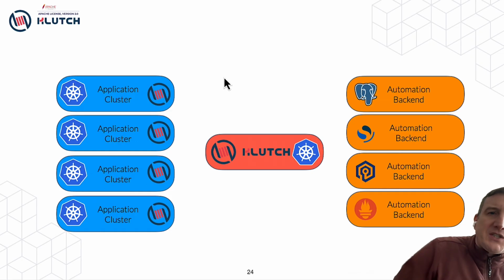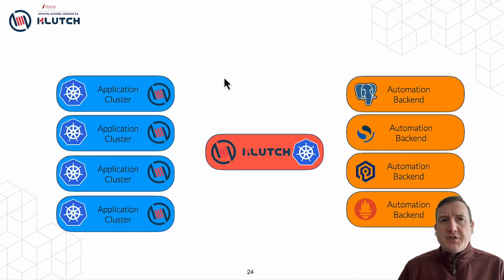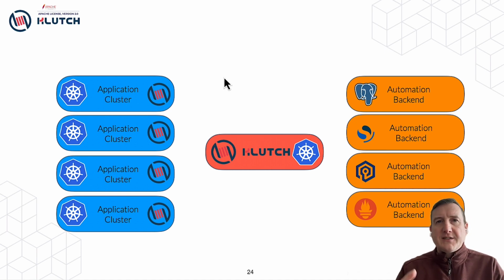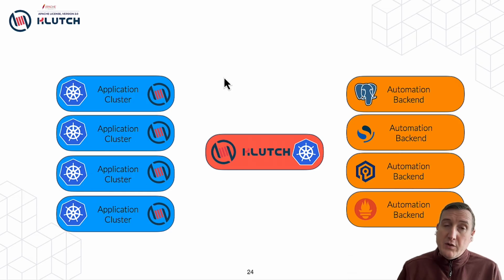So this is what Klutch actually does. It provides you with an extension, the Klutch client, that you can plug into any application cluster, any Kubernetes cluster there is, and it will basically introduce local CRDs, allowing you to control the creation and maintenance of service instances, service bindings, backup and restores, similar to what you know from Cloud Foundry's marketplace, but in Kubernetes.